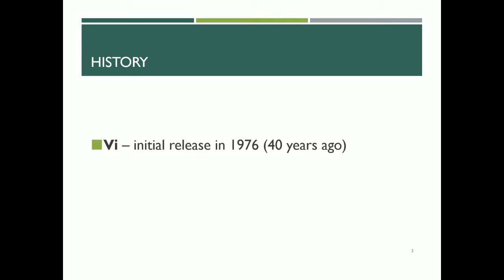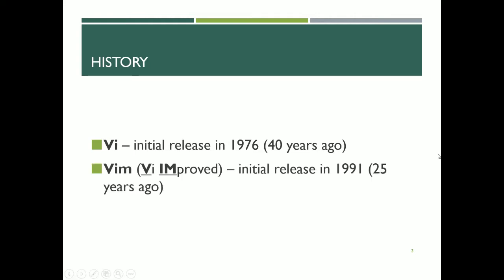Later on, a guy called Bram Moolenaar came in and tried to improve what VI already was. Vim was finally released in 1991, and Vim gets its name from VI improved, as you can see on your screen.